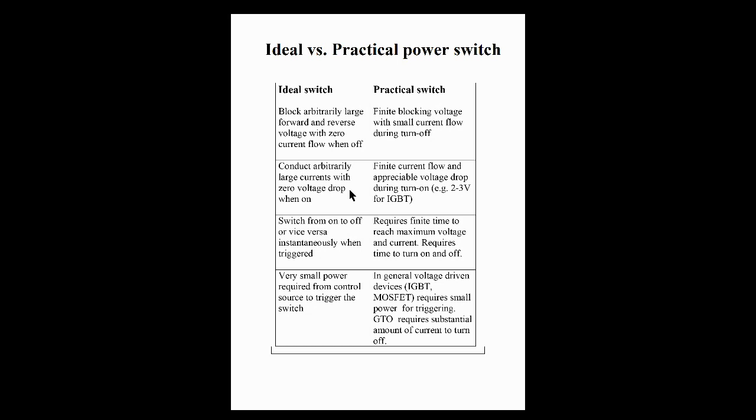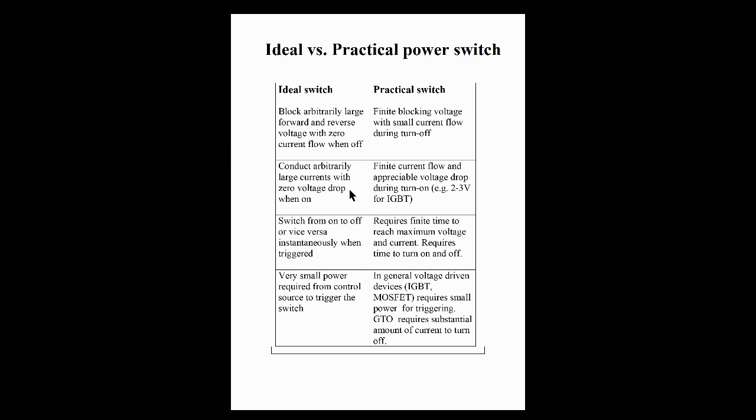For the ideal switch, there will be 0 volts, but for practical switches, it's about 1 to 3 volts that will be observed in the device. When it goes from off to on, you will have a current flow while you have a voltage drop of about 1 to 3 volts. In the case of the IGBT, it's 2 to 3 volts.